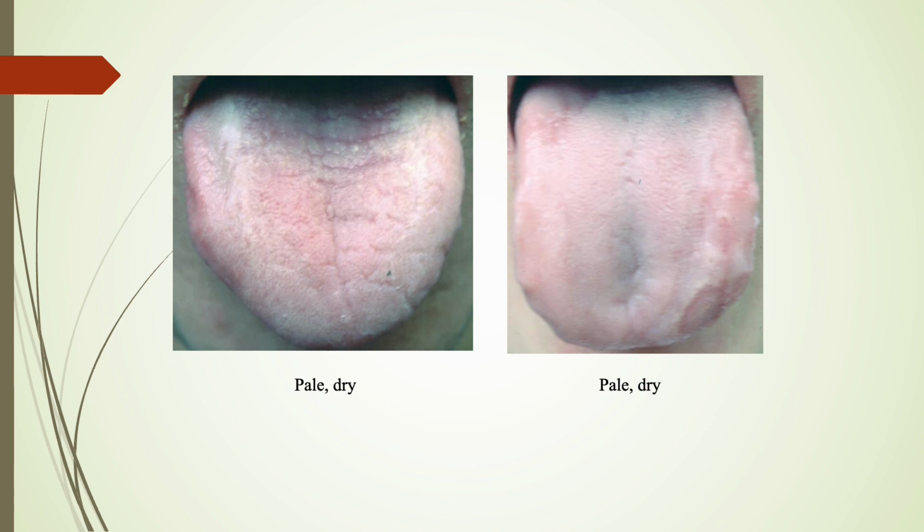If there is excess cold, the tongue can be pale with a thick, white, and wet coating. It is very common for the side of the tongue to be paler than the rest of the tongue. This is a manifestation of liver blood deficiency. The sides of the tongue can also have a pale orange hue when there is liver blood deficiency.